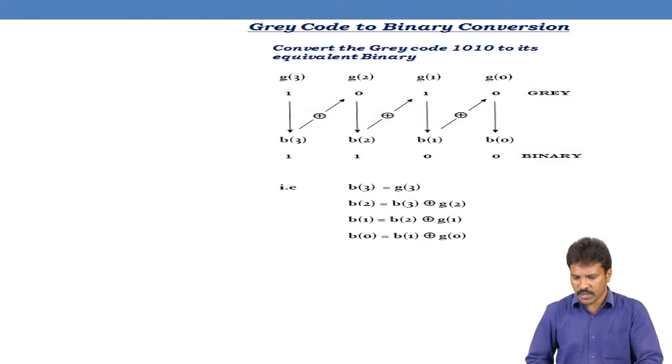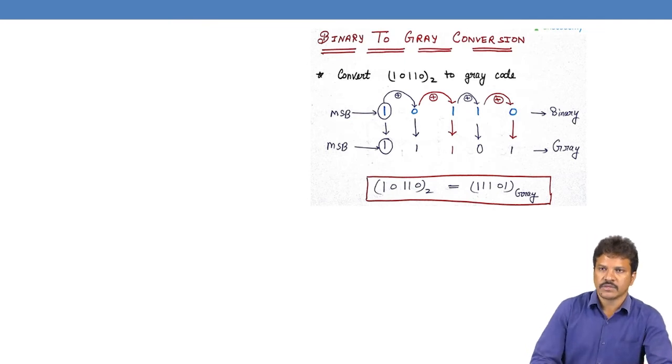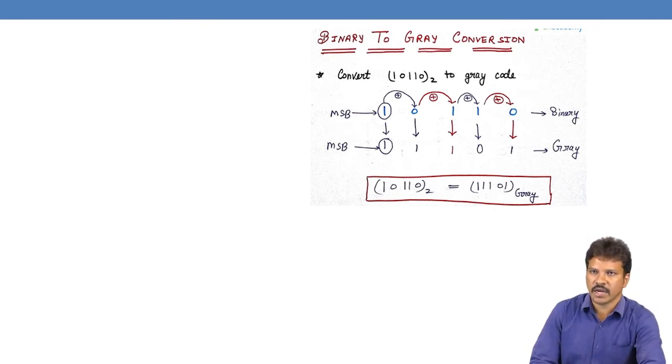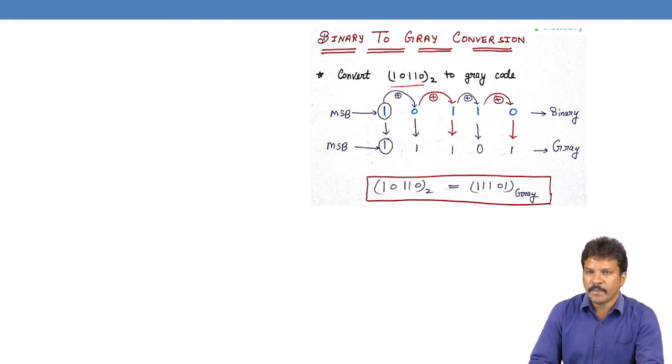What is the difference between gray code and binary code? If any binary code is given, how do we convert it to gray code? Here is a simple example of converting a given binary number to gray code. The number is 10110 in base 2, converted to gray code. Take the first bit as it is, 10110.